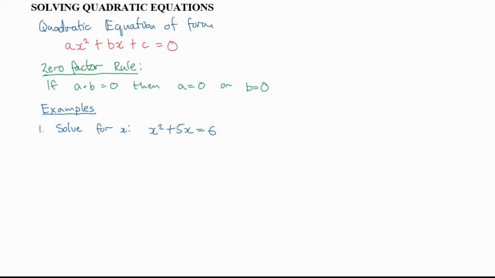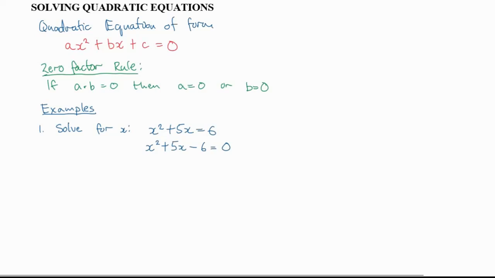If you remember your reverse operations, this is a positive 6, so to remove it from this side and bring it over, I'm going to subtract it. By inverse operations, this becomes x squared plus 5x minus 6 equals 0. It is now in the standard form of a quadratic equation.